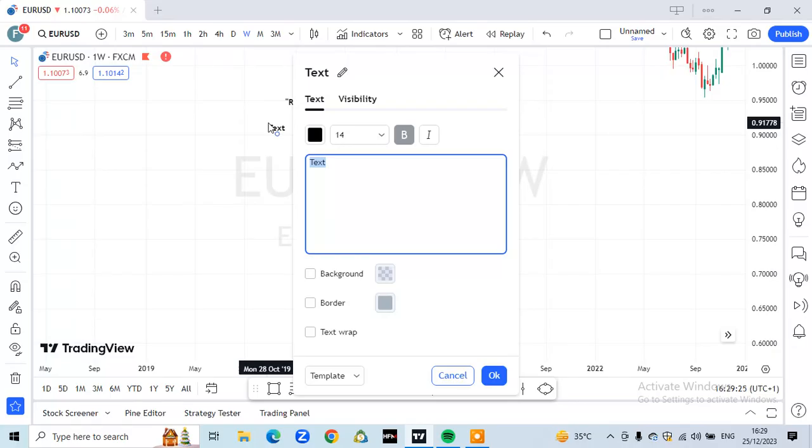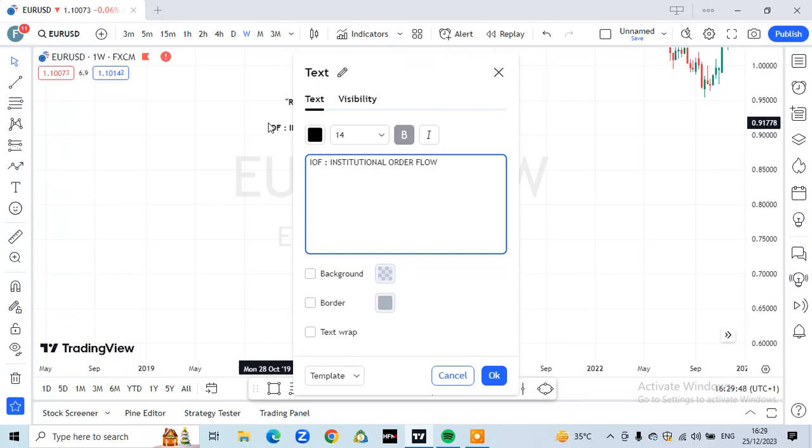That is, follow what the IOF is saying. IOF means institutional order flow. So just in case you hear it somewhere.